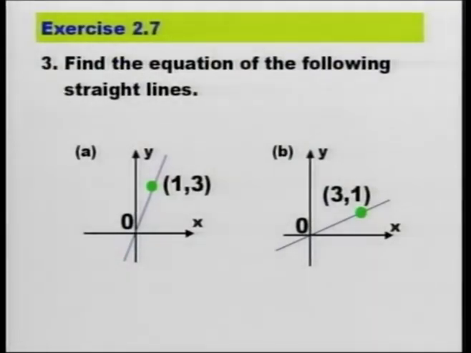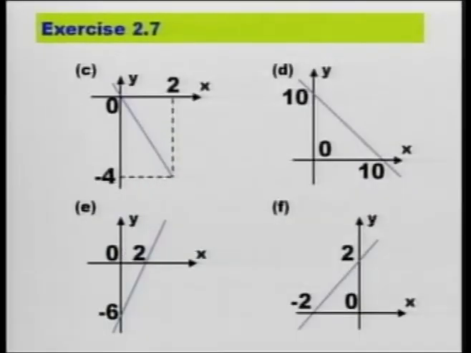Okay, we'll just mark the first few from A to N. The first two: A is y equals 3x, and B is y equals 1/3 x. Lester, your answer for letter C, please.